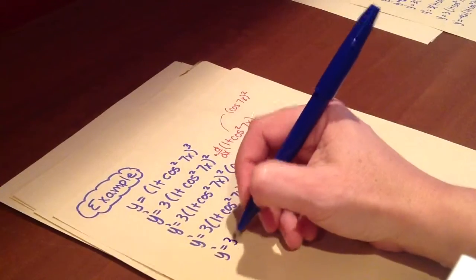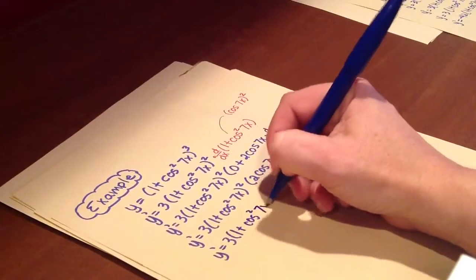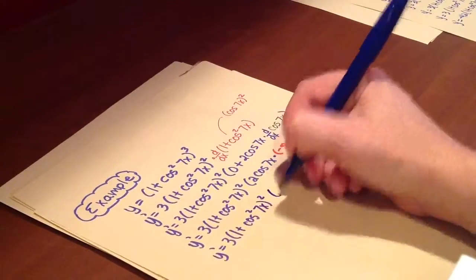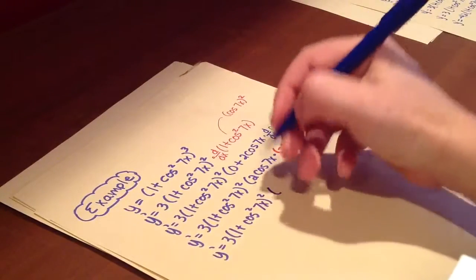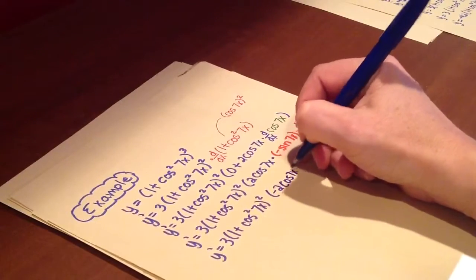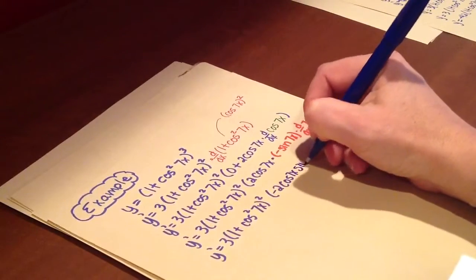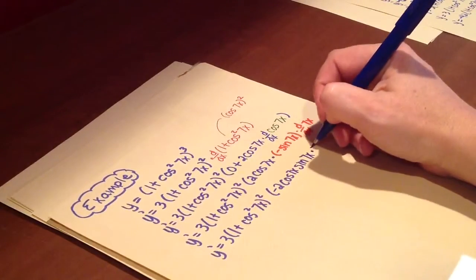So I'm left with 3 times 1 plus the cosine squared of 7x all squared, times, I'm going to bring the negative 2 out front here. So negative 2 cosine 7x, sine of 7x, times, and the derivative of 7x is 7.